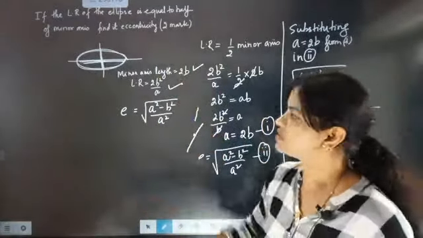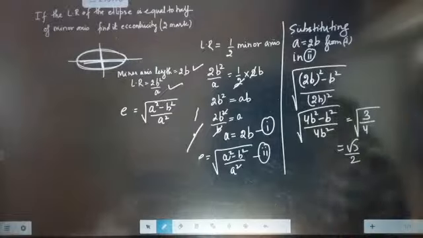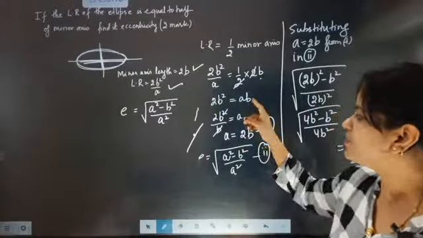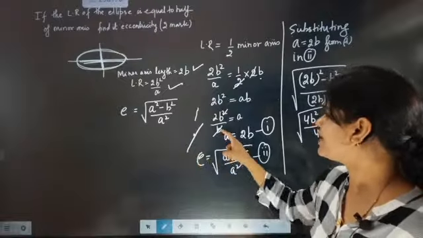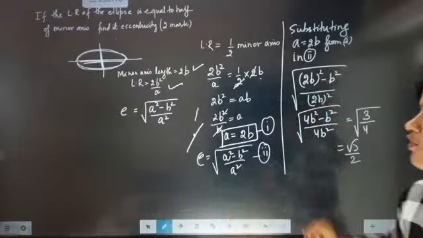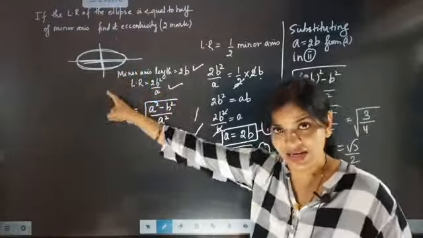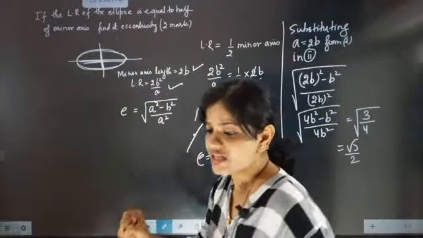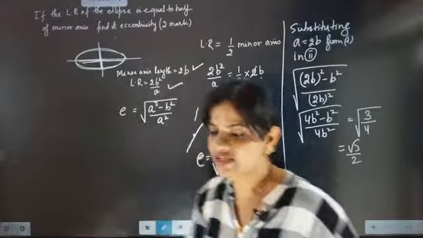By using this, you have to find the eccentricity. So now latus rectum equal to half of the minor axis. With this I got the relation a equal to 2b. After that beta, the eccentricity formula is this one, when the ellipse is resting on the x-axis.